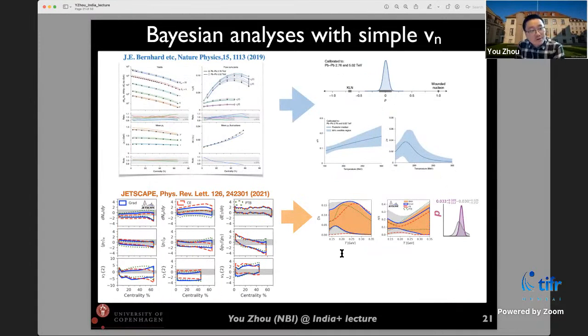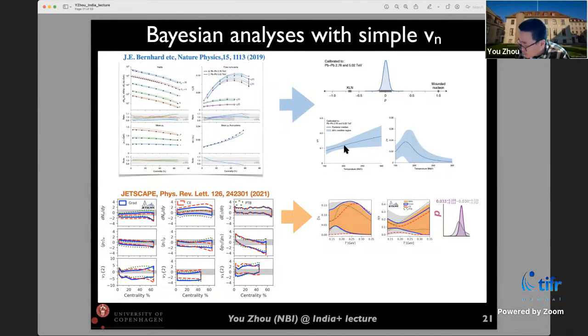That's a good question. I don't know which energy. Remember, this relies on how much our theory friends did, right? For example, here they do the combined fit at 2.76 TeV and 5 TeV, because we believe, or we hope, the eta over s and the zeta over s will be almost the same as a function of temperature for the LHC energy.